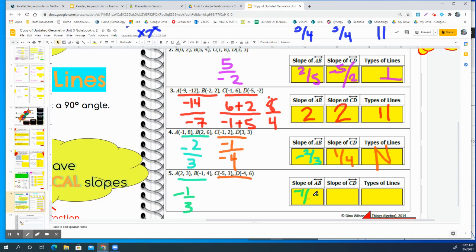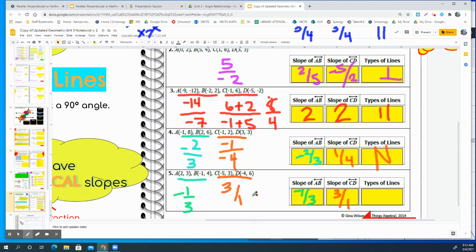Anybody got C and D? Three over 1? So sometimes it's easier to look at it as 3 over 1 instead of just 3. Are these lines parallel, perpendicular, or neither?